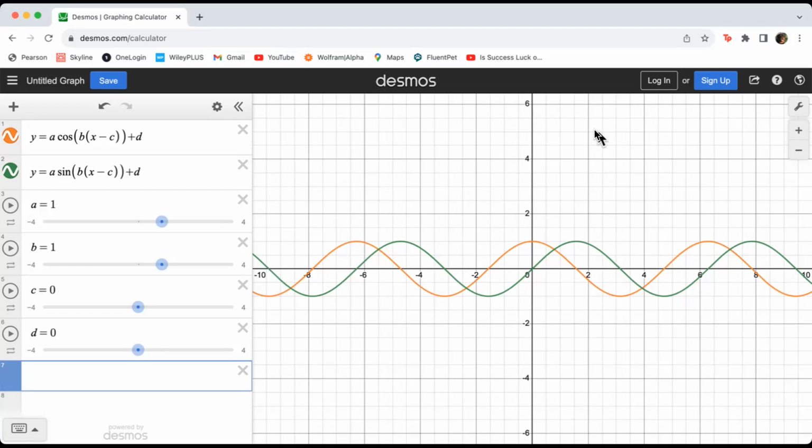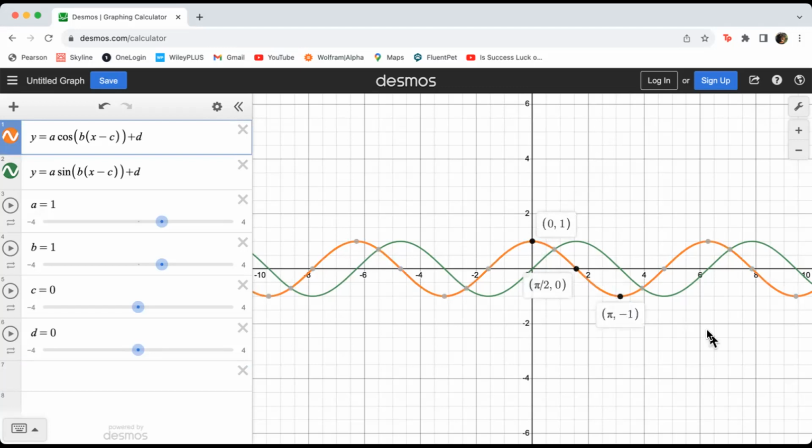Now, while we're looking at these graphs, we can see that at the top, we've got a top of 1, the middle is at 0, and the bottom is at -1. I'm looking at the y values for anything vertical. Also notice that if I keep going and back to the middle and back up at the top, from 0 to 2 pi, that's one cycle. We go from the top point to the next top point, and we see one cycle.